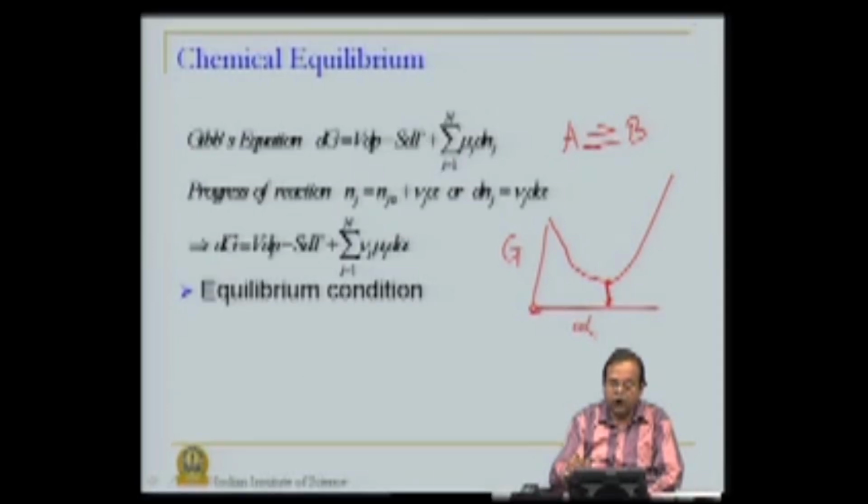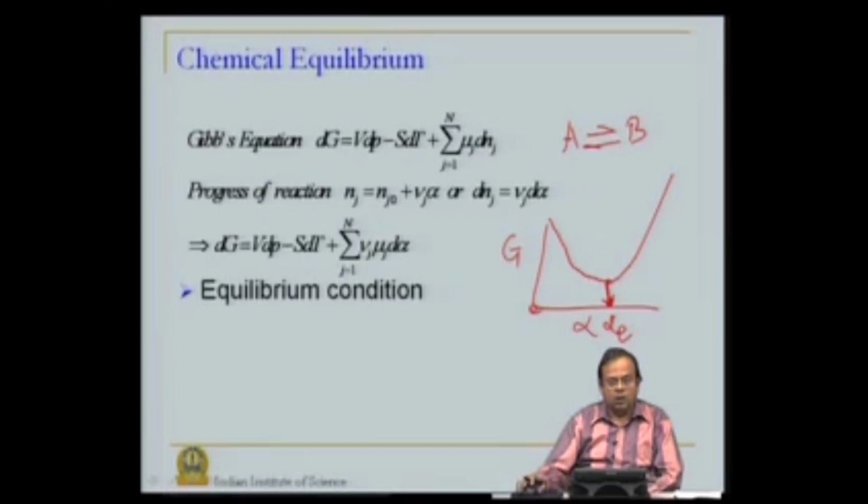This is the point at which my reaction will come to a halt, or come to an equilibrium state. The extent of reaction at which my free energy G is minimum, I call alpha_E, that is, the extent of reaction at equilibrium condition. So, what is that equilibrium condition?